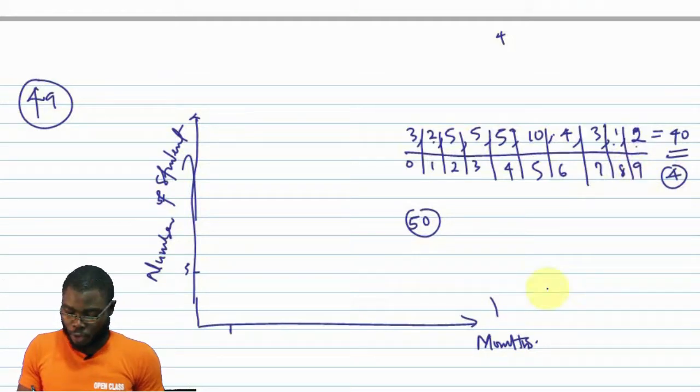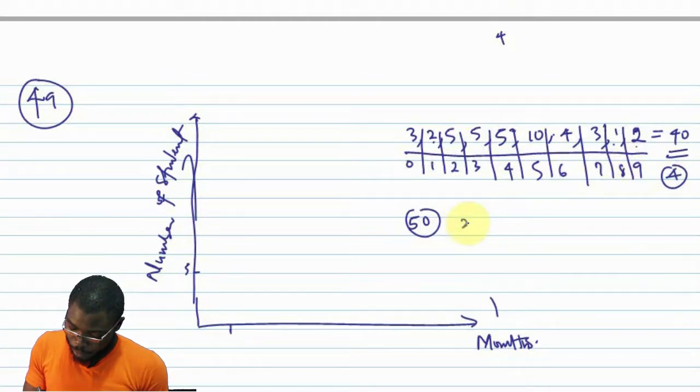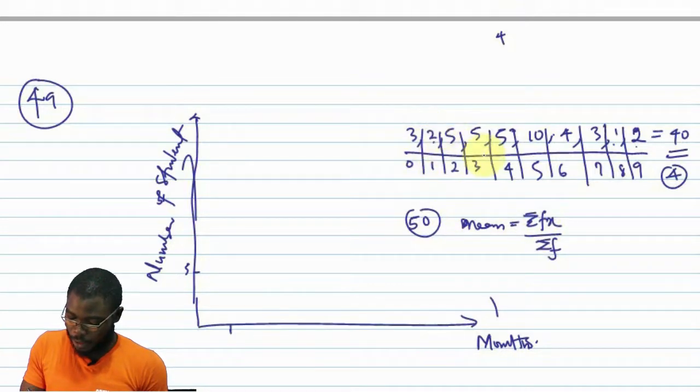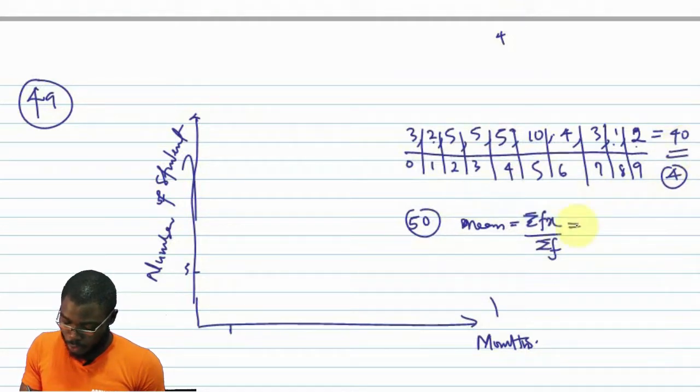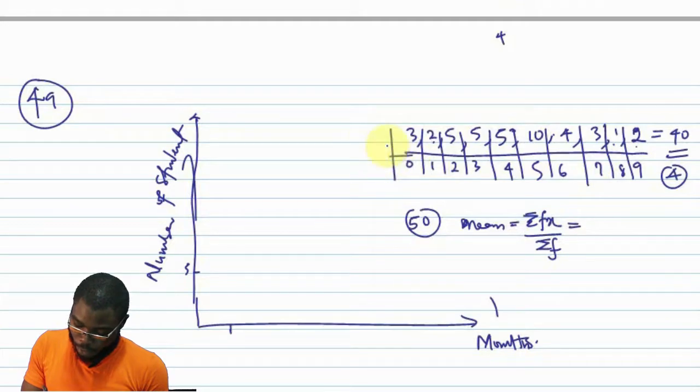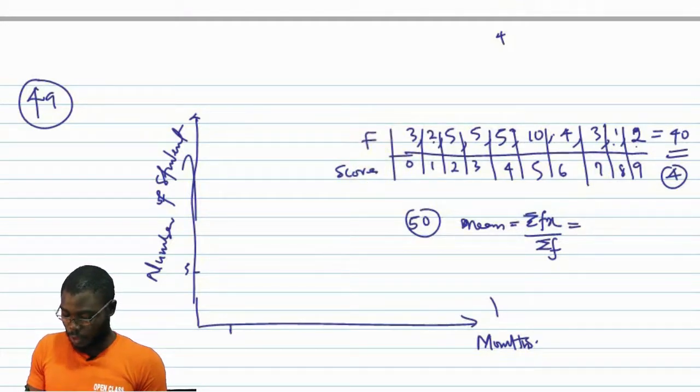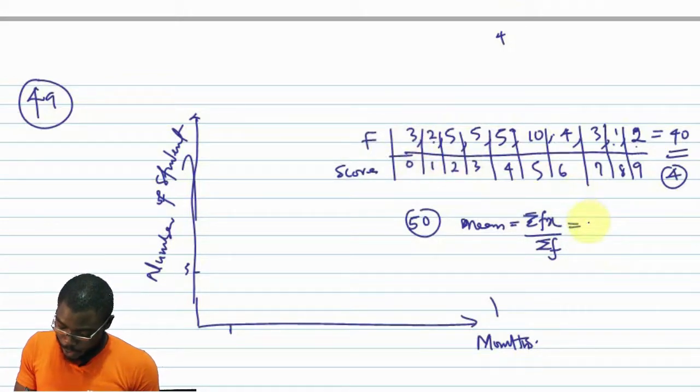Now all you need to do is your mean, as always, is the sum of fx over sum of f. So you just multiply this together, and then you divide it by the number. This is actually the frequency, this is the score. Don't mix it up. So you have 3 times 0, you have 0. 2 times 1, 2.